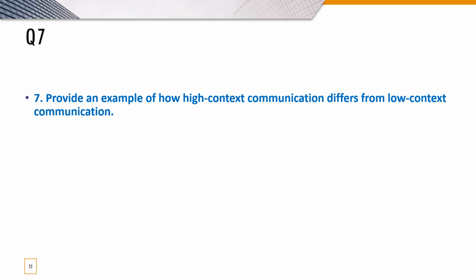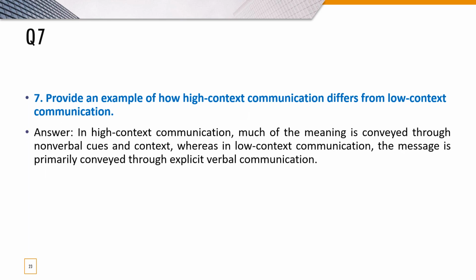7. Provide an example of how high context communication differs from low context communication. In high context communication, much of the meaning is conveyed through nonverbal cues and context, whereas in low context communication, the message is primarily conveyed through explicit verbal communication.